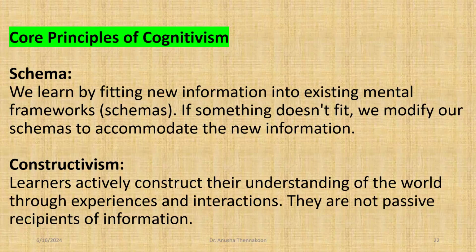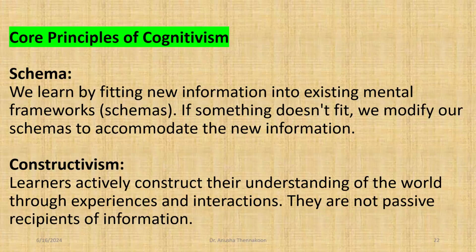Schema: we learn by fitting new information into existing mental frameworks. So when we get to know some new information, just see, you are reading something new which you haven't read earlier. By reading that, you get new information.